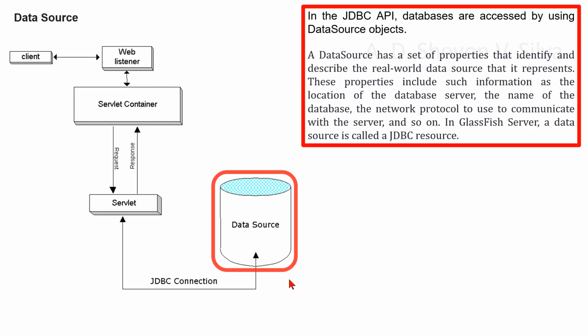These properties include such information as the location of the database server, the name of the database, the network protocol used to communicate with the server, and so on. In the GlassFish server, the data source is called a JDBC resource.